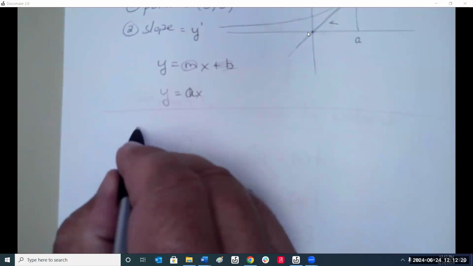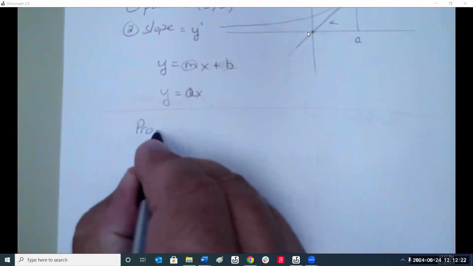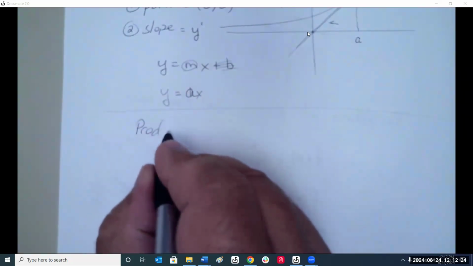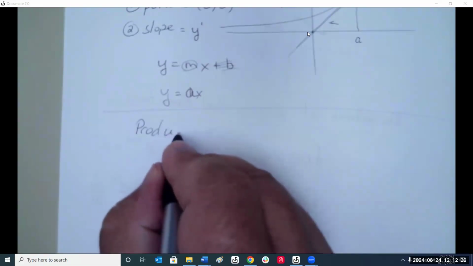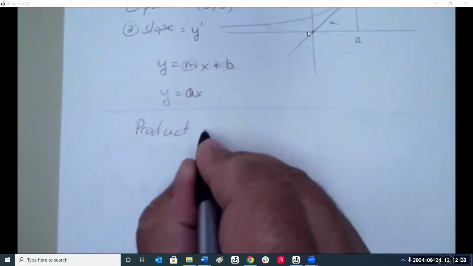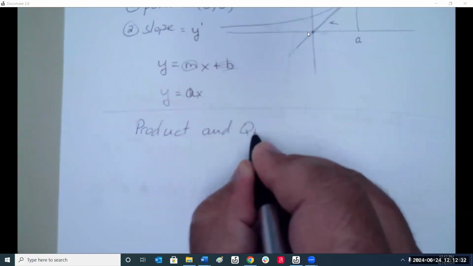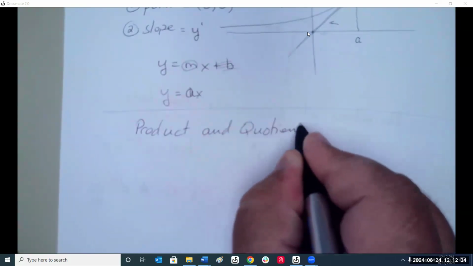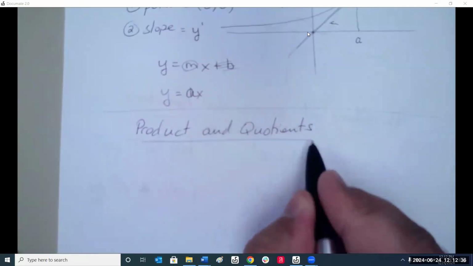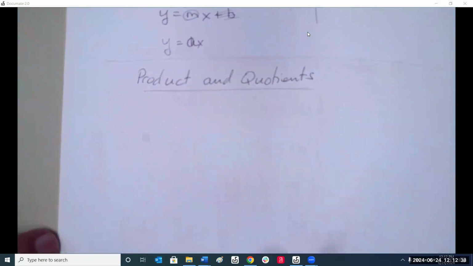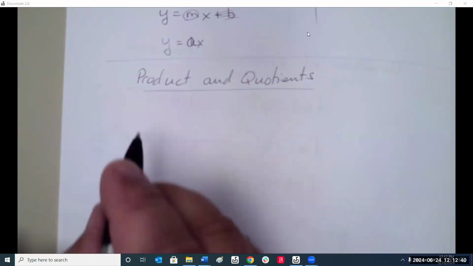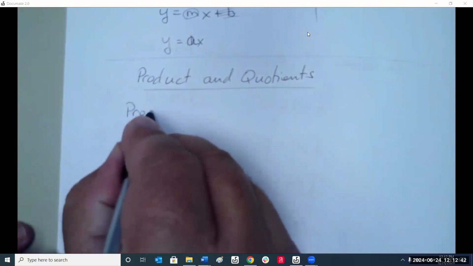So now products and quotients. Now we're gonna get a little bit more process driven. So here, the first one we're gonna talk about is the product rule.